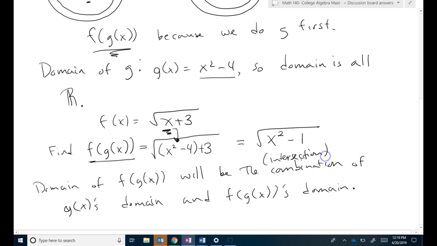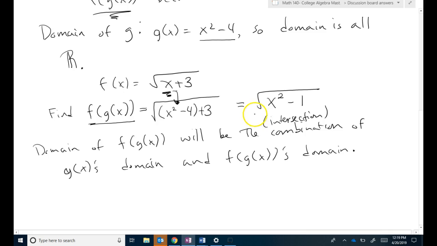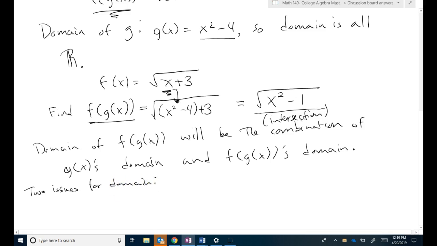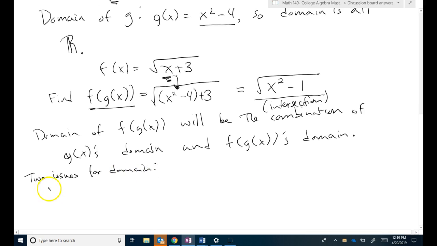So let me demonstrate what I mean by that. Well, f of g of x is the square root of x squared minus 1. And if you remember, we've got two issues with domain. Number 1: if g of x equals the square root of f of x, then f of x must be greater than or equal to 0.